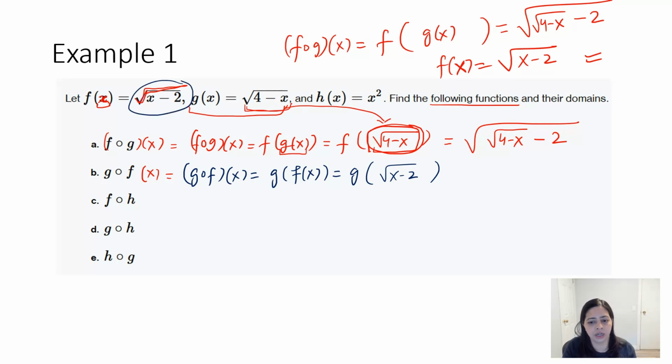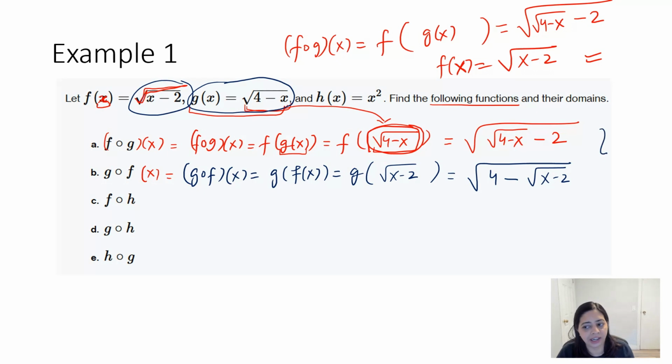Now the definition of g(x) is the square root of 4 minus x, so you replace x with the square root of x minus 2. This is what you get as g of f. You can clearly compare them and see they are not the same.